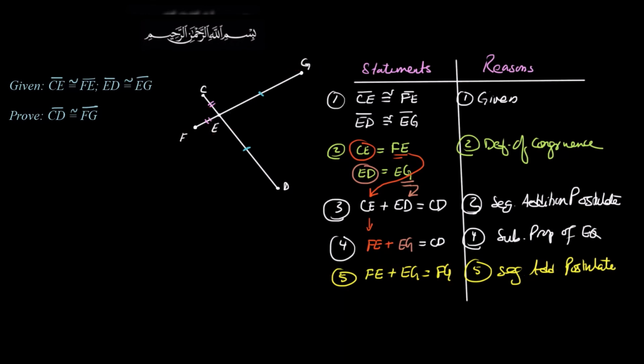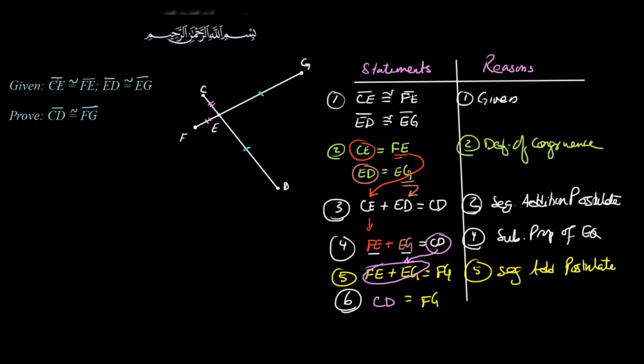Because then you can see FE and EG and FE and EG have two statements like this, and this is CD and FG over here, isn't it? I know CD is all of this, so I can replace this whole thing with CD, because these are the same. So then I can say CD is equal to FG. Ta-da!